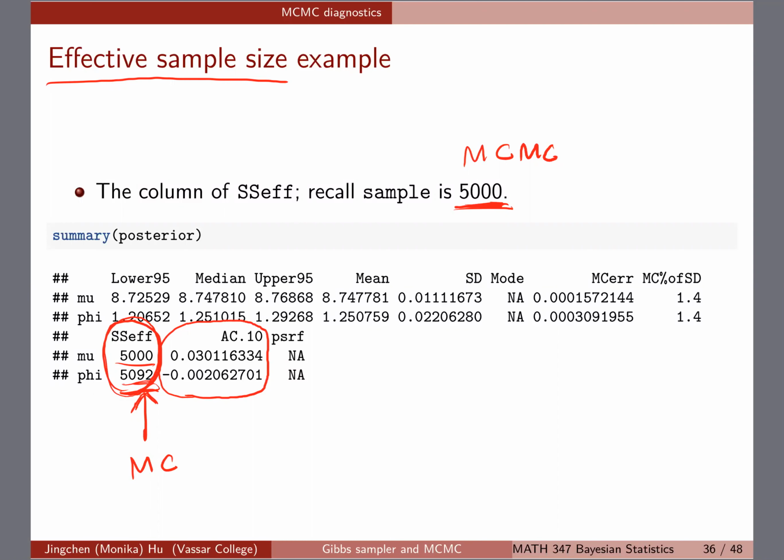By definition, the effective sample size is representing the equivalent number of independent draws that we get, given these 5,000 MCMC draws. So for mu, we have 5,000 effective sample size. What does it mean based on the definition?